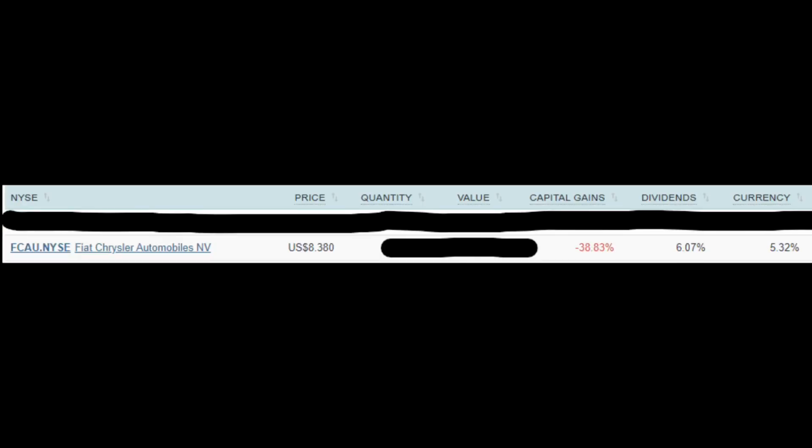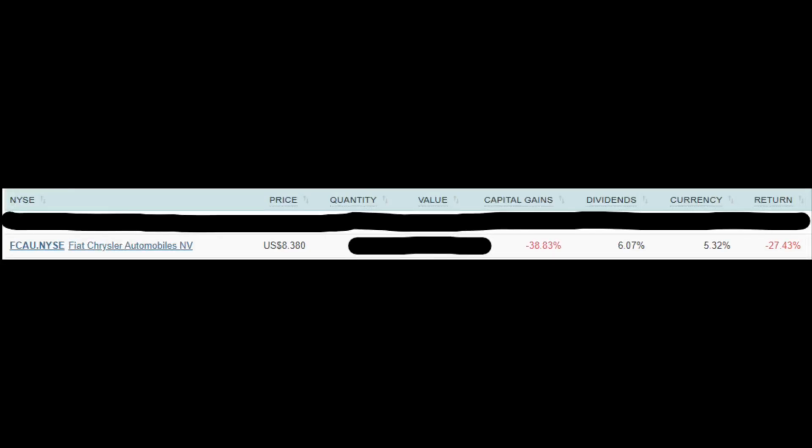So that's the dividends, and what you will notice that's interesting for me as a New Zealand investor is that I also have currency gains of a little over 5%. So that means that my total return for Fiat Chrysler after holding it since the second half of last year is, rather than being down about 38%, I'm down about 27%, which is a pretty significant difference.